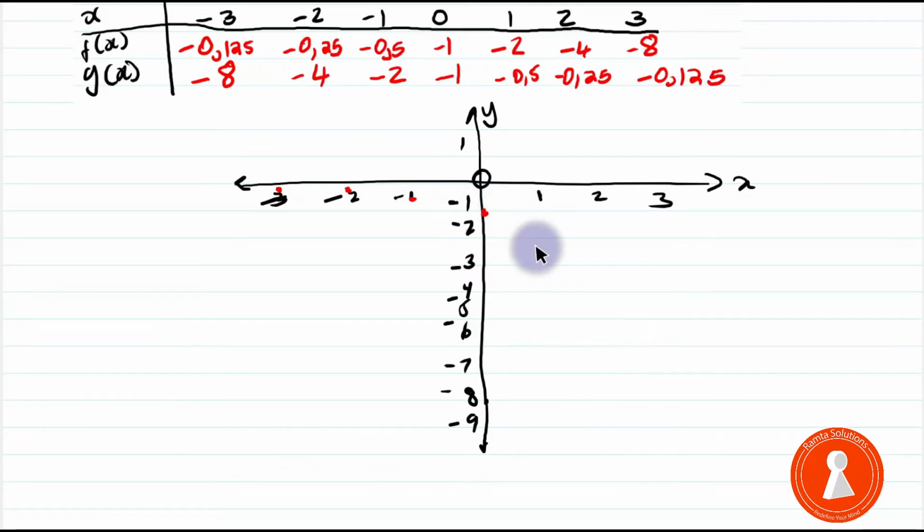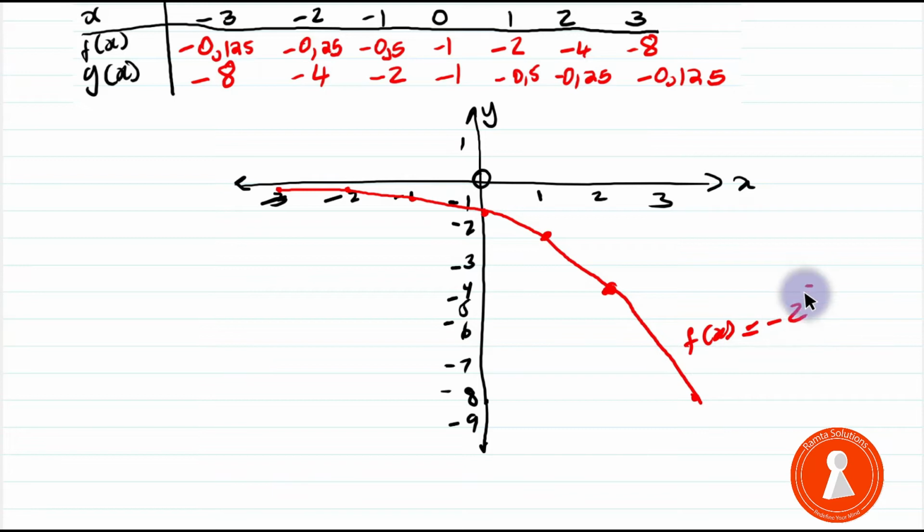When x is 1, it is minus 2. When x is 2, it is minus 4. When x is 3, it is minus 8. I'm sorry I skipped that. Let me just move it here. So this one is f of x equals negative 2 to the x.